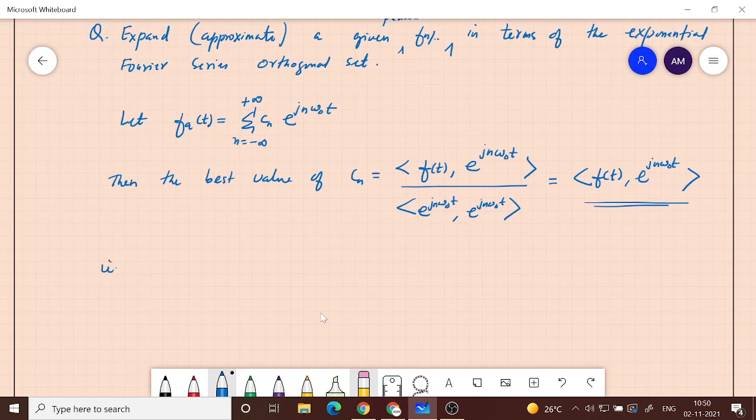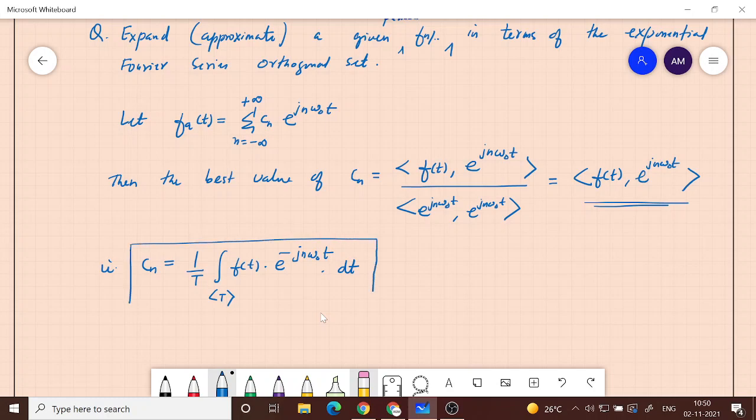So the coefficient Cn in this expansion can be written as 1 by T, and I am just expanding the inner product definition. This is one way of writing the limit, so I can take either 0 to T or minus T by 2 to plus T by 2, whichever way. The first function into the conjugate of the second, e raised to minus j n omega 0 t, dt.